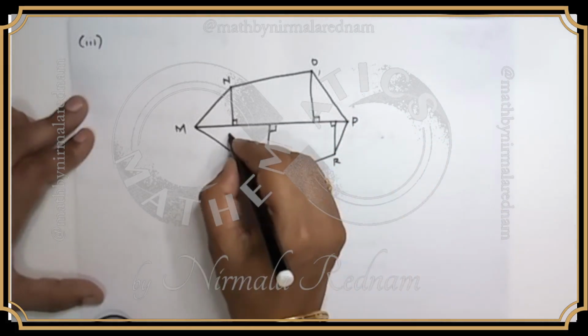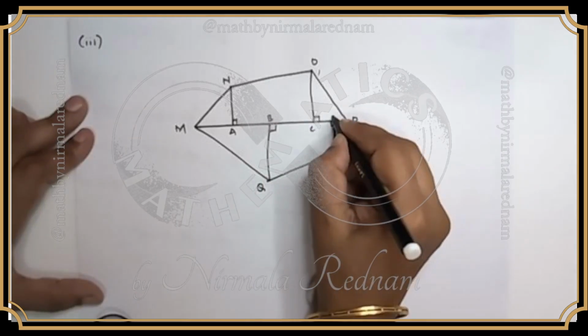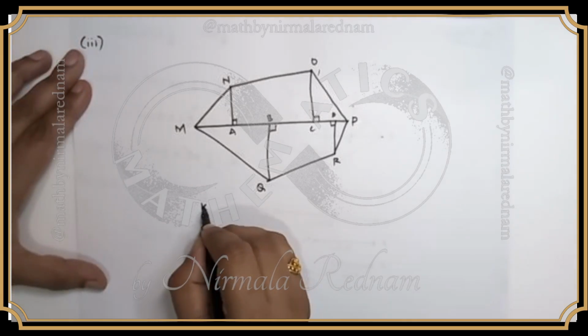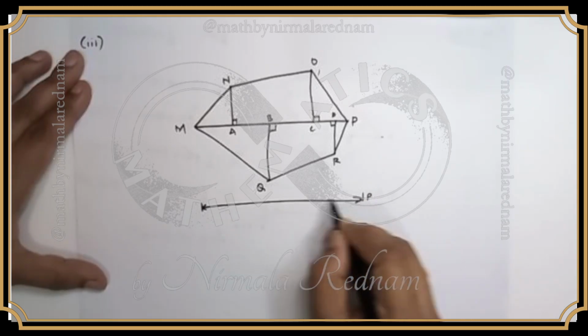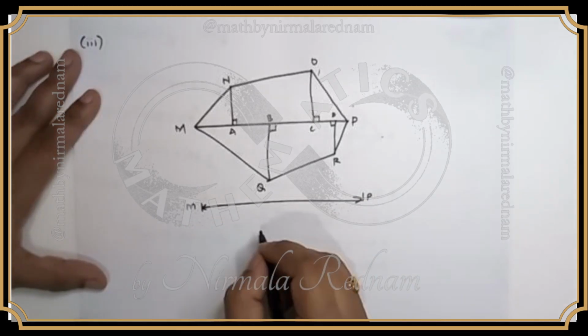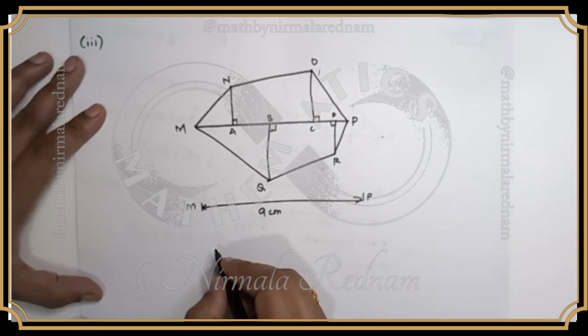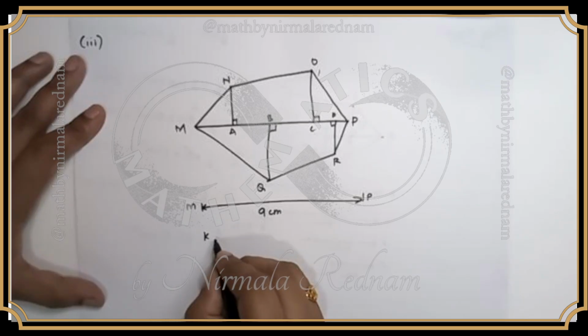So now if I drop the perpendiculars, I'm going to name them as A, B, C, D. So now the information given to us is this length MP, length of the diagonal, is given as 9 centimeters. And then I have MD is 7 centimeters.